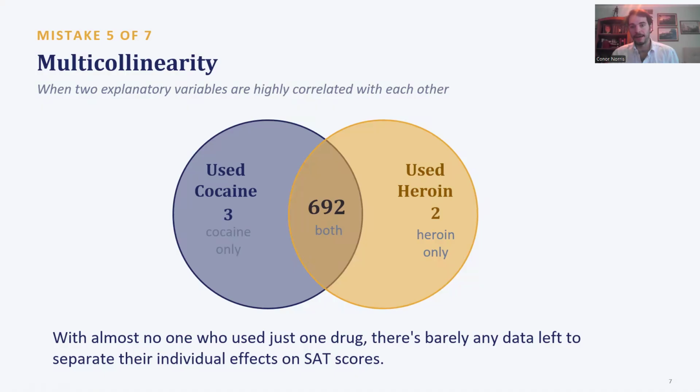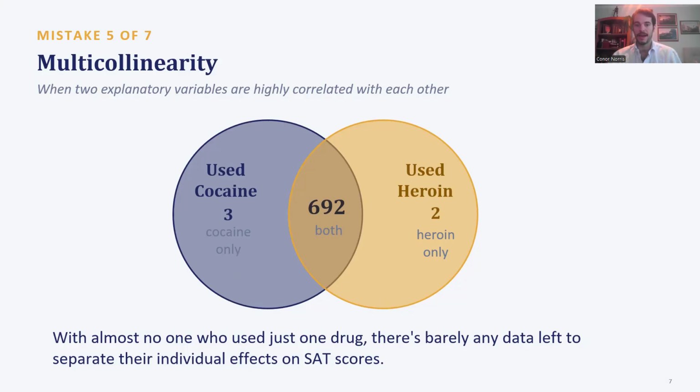So mistake 5, this is multicollinearity. Multicollinearity is including two variables as explanatory variables that are highly correlated with each other. So for the example here, suppose you're studying how cocaine and heroin use each affects SAT scores. The problem here, and you see by the Venn diagram here, is that almost everyone who's used one of the drugs has also used the other drug.